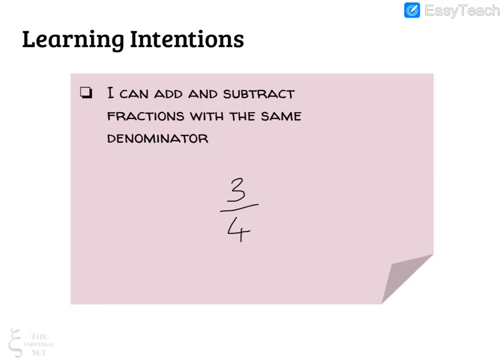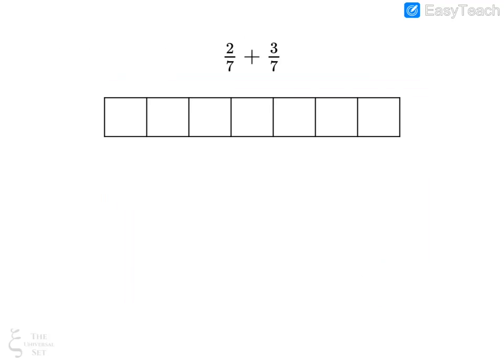Okay, let's have a look then. So we've got a question here. We've got 2/7 and we're asked to add to that 3/7. So 2/7 plus 3/7. Let's have a look at what that looks like in this picture. So let's say I'm going to colour in 2/7 in blue. This rectangle here is cut up into 1, 2, 3, 4, 5, 6, 7 pieces.